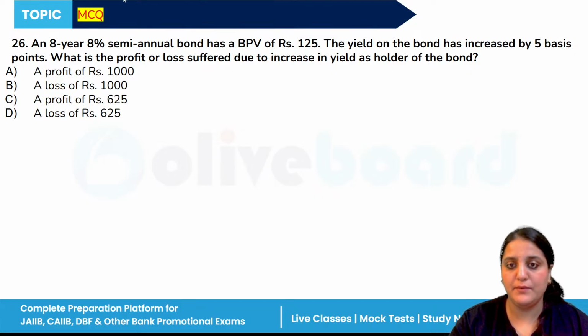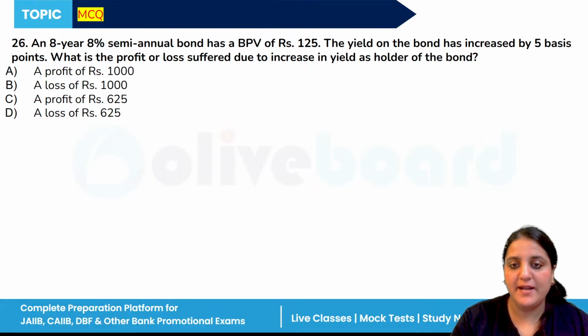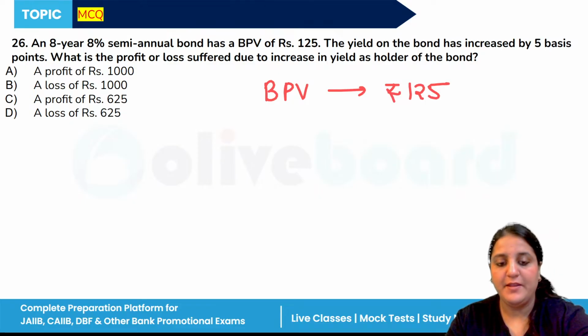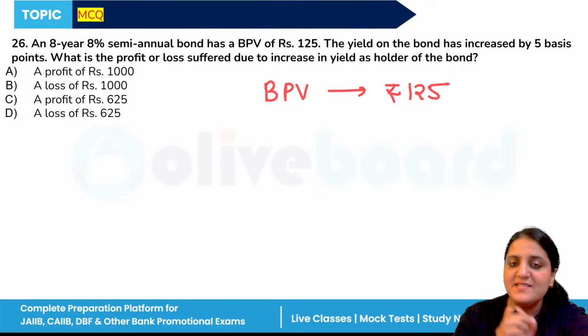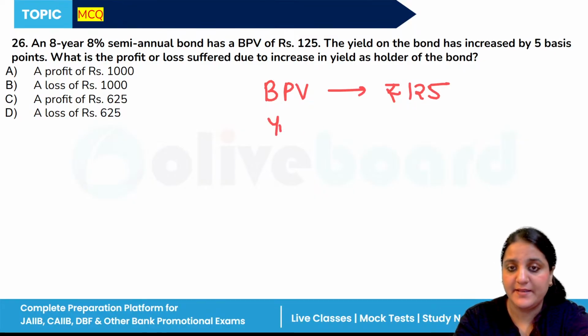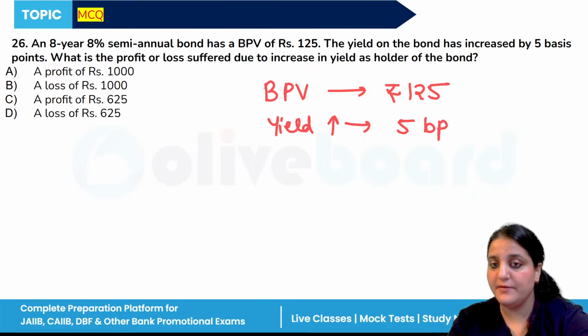So how to calculate? We know that here basis point value is given rupees 125. That means price changes for 1 basis point change in yield. Here yield increases by 5 basis points, right?